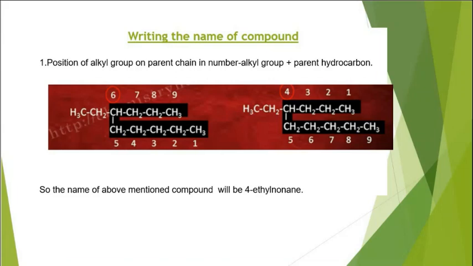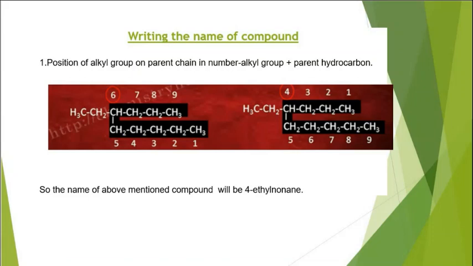After knowing these rules of nomenclature, you should be able to write the name of the compound. How do you have to write the name? We have understood all of the rules. We have got to know which numbering should be followed, and how substituents should be numbered. Now, how do you assemble the name?